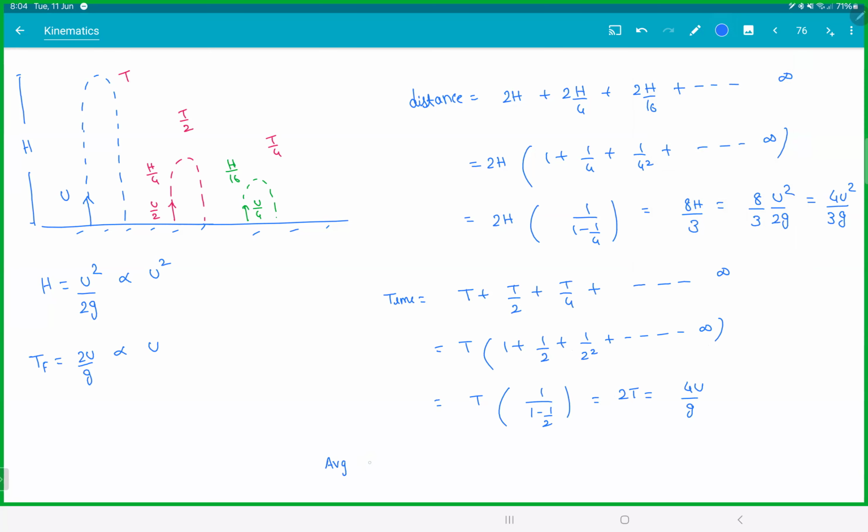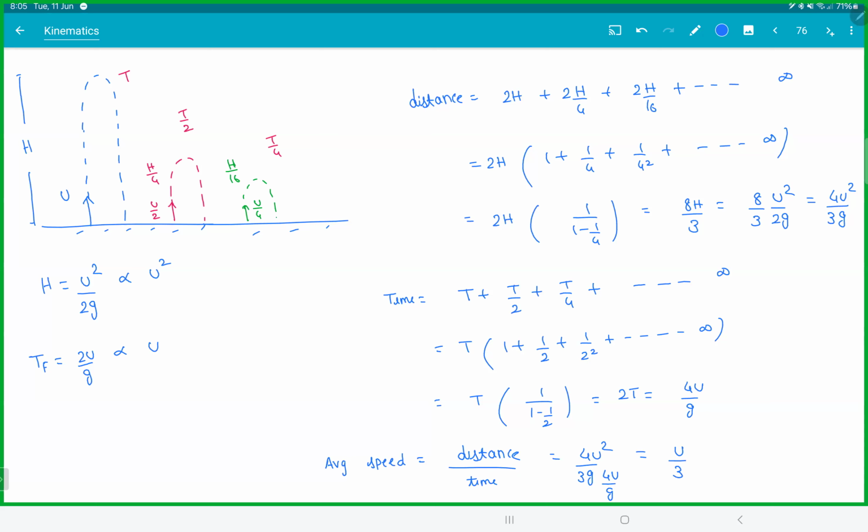What's average speed? Total distance by time. The total distance is 4u square by 3g. The time is 4u by g. You end up with u by 3.